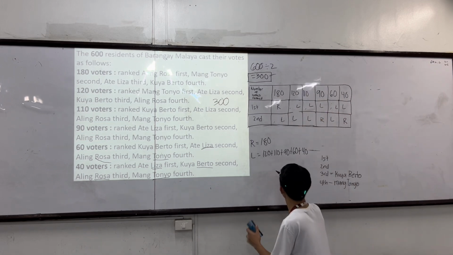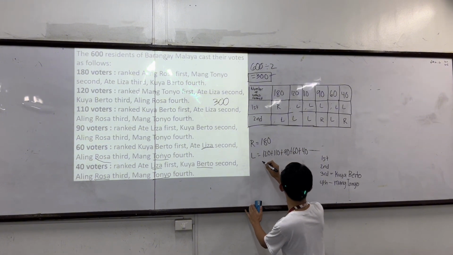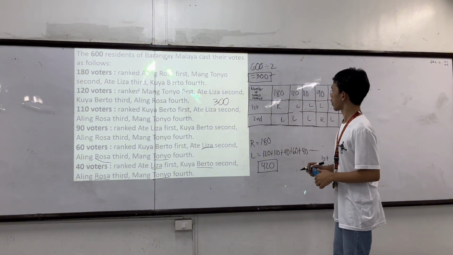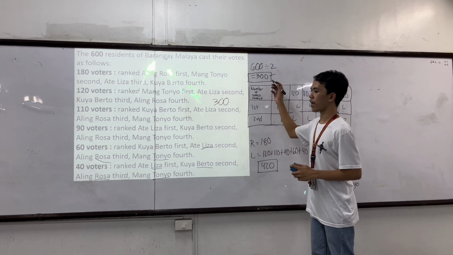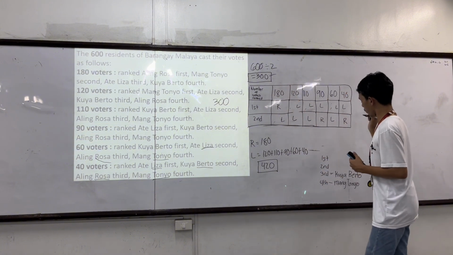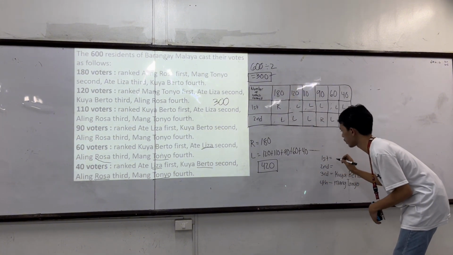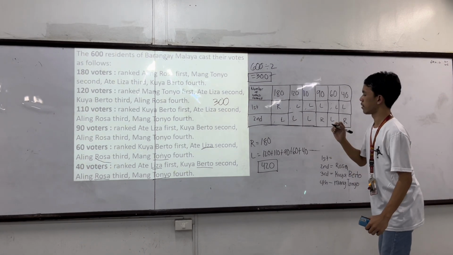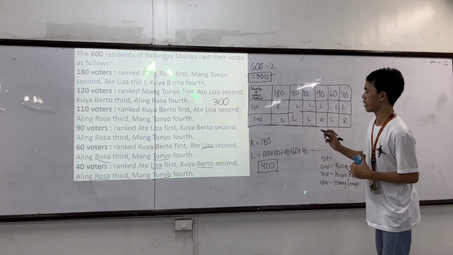So Ate Liza got 420 votes. So the majority is 300 and Ate Liza is over the 300 majority. So the second place is Aling Rosa. And the winner for the barangay captain is Ate Liza.